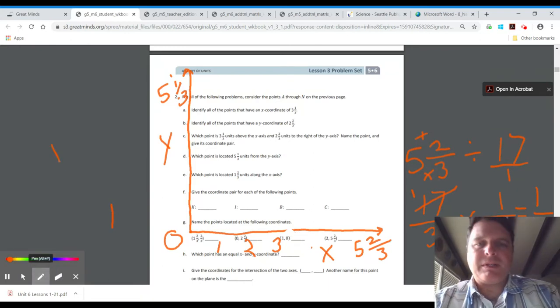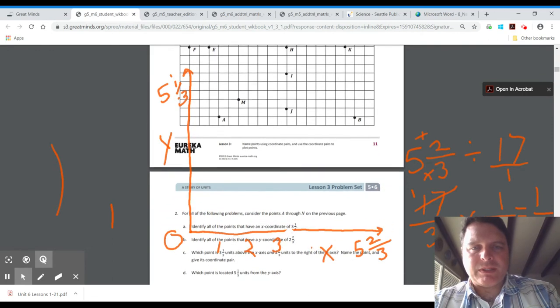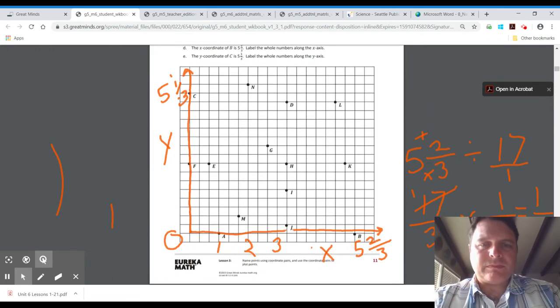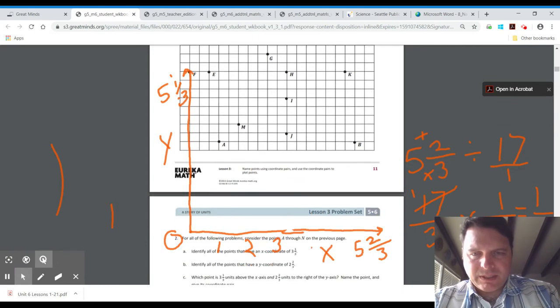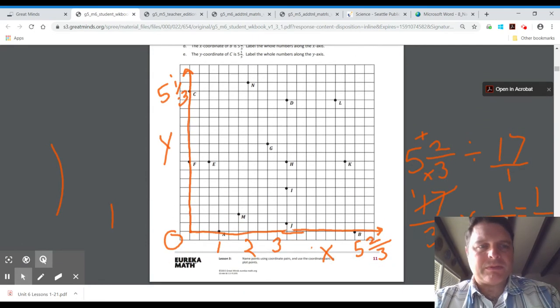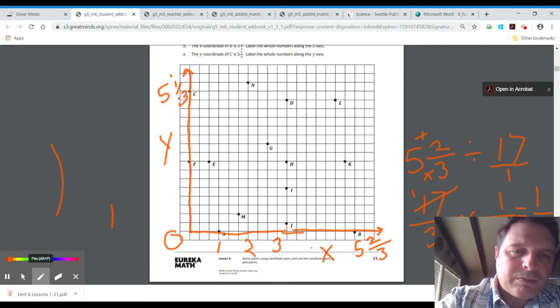Let's go back up to the top, and the next one is 2 2/3 for y. 2 2/3. So 2 2/3 would be, let's see, 1, 2, and 2/3 would be 1, 2.